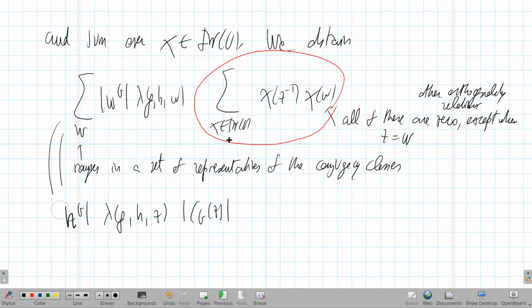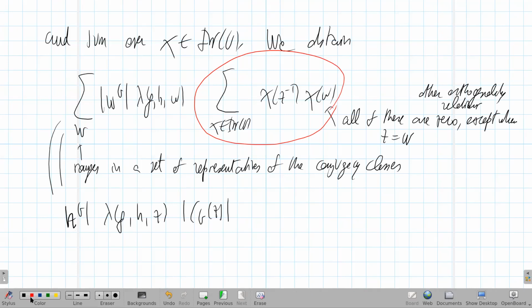So if you sum over the irreducible characters, you get 0 normally, except when Z and W are conjugate, and then you get the size of the centralizer. This is something we have used, for instance, to give the first proof of the fact that the order of the centralizer does not increase when we go to a quotient group.